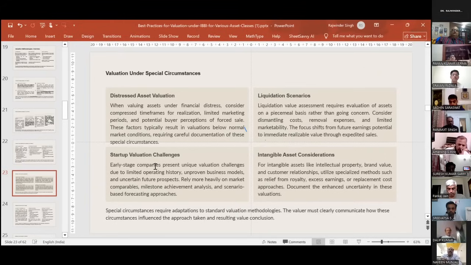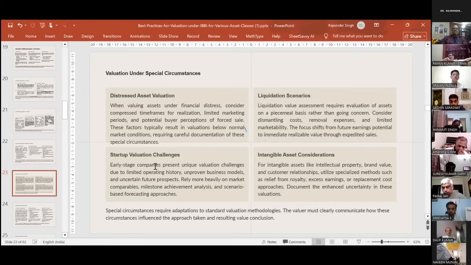So what are the best practices that you have to follow when you are doing valuation under these special circumstances? First we will discuss the valuation of distressed assets. When you are valuing assets which are under financial distress, you have to consider time frame for realization, limited market periods, and potential buyer perception of forced sale.